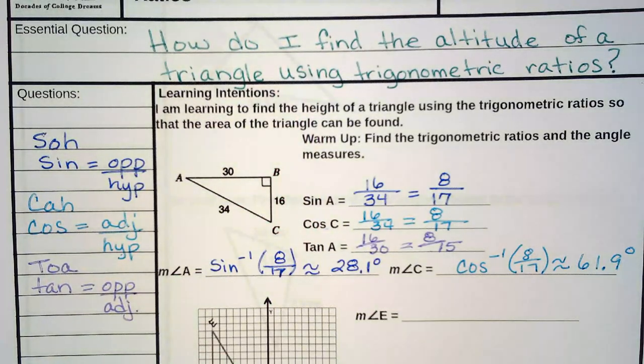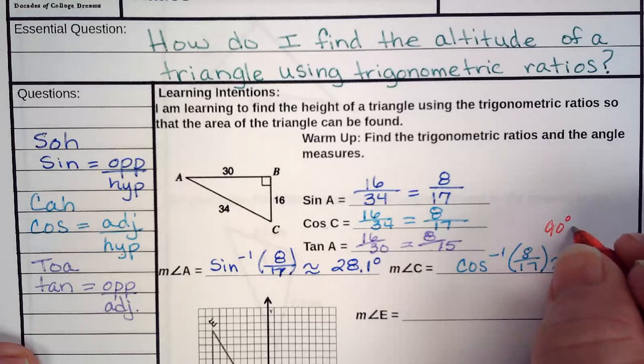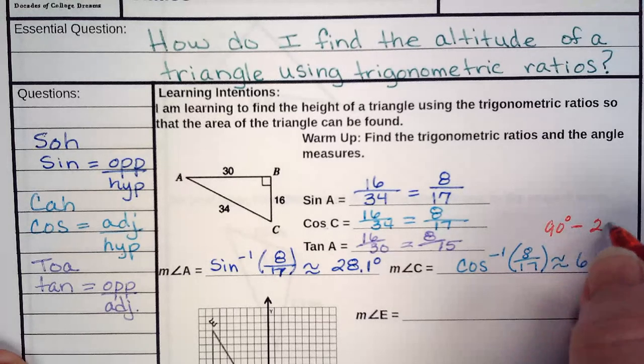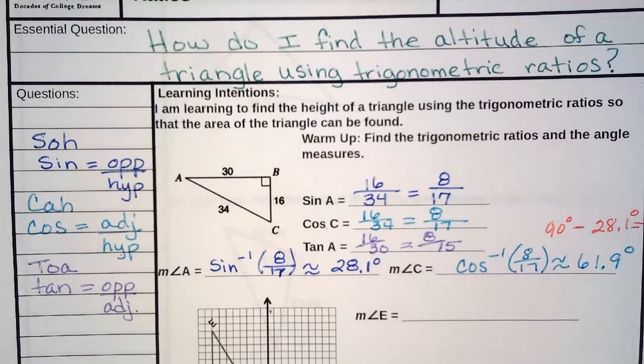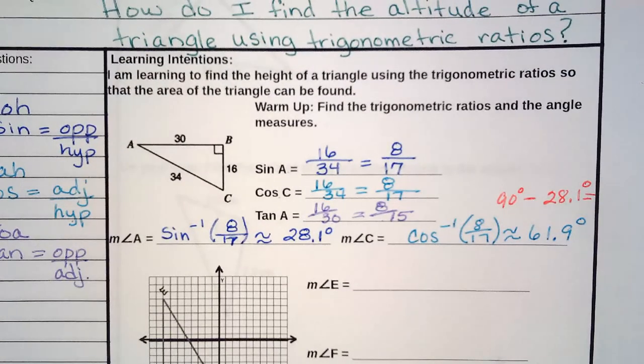Remember, you can always do the 90 degrees minus 28.1 degrees, and you'll get the same thing. Either way you do it, you'll end up with 61.9 degrees.